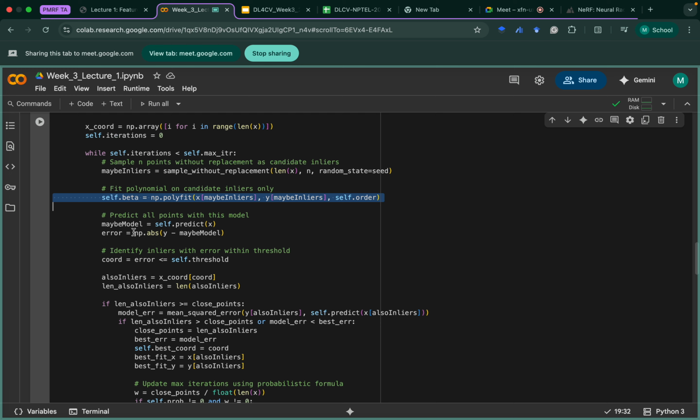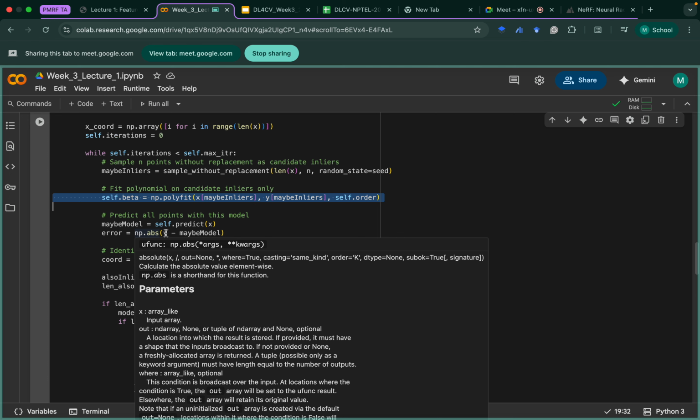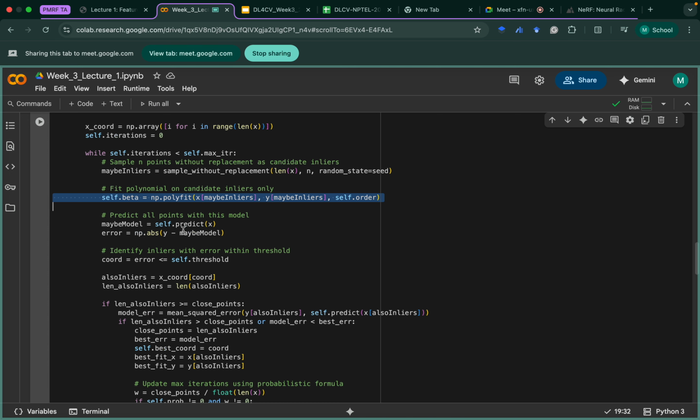So we do this and then we calculate the error. This is the absolute error between the true point and what the model has predicted. So this is my error. Then we identify the inliers within the threshold. Error is actually giving me the delta from the line, right?